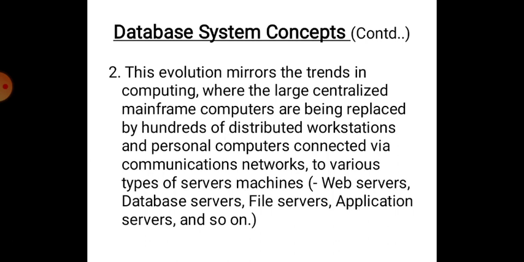So there is no central mainframe. Instead of that, there is distributed computing facility at various points which is interconnected. And now we have server machines. The various types of server machines are web server, database server, file servers, application servers, and so on.